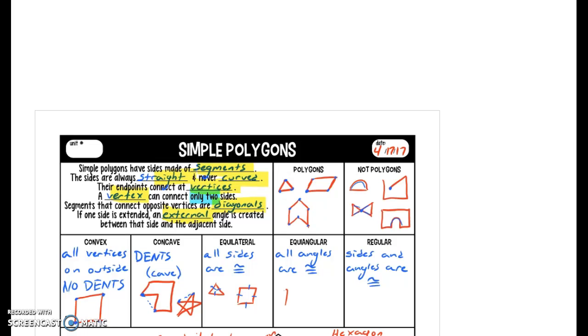An example could be a rectangle, because each angle is 90 degrees. But regular means that all sides and angles are congruent, such as a square. All angles are 90 and all sides are the same.